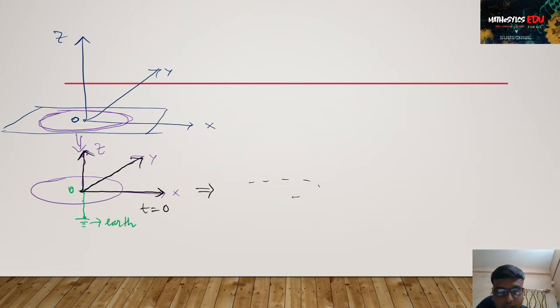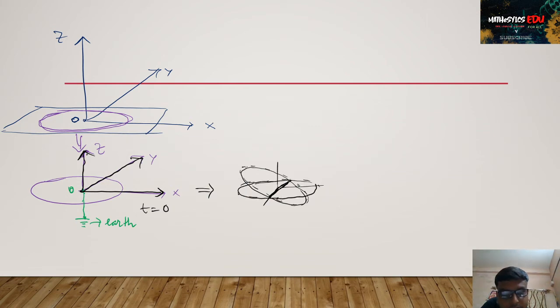This was the initial representation with the axis like this, and let's say this point is fixed, so the ellipse will be something like this. This is the line containing the fixed point, and this is also a plane.